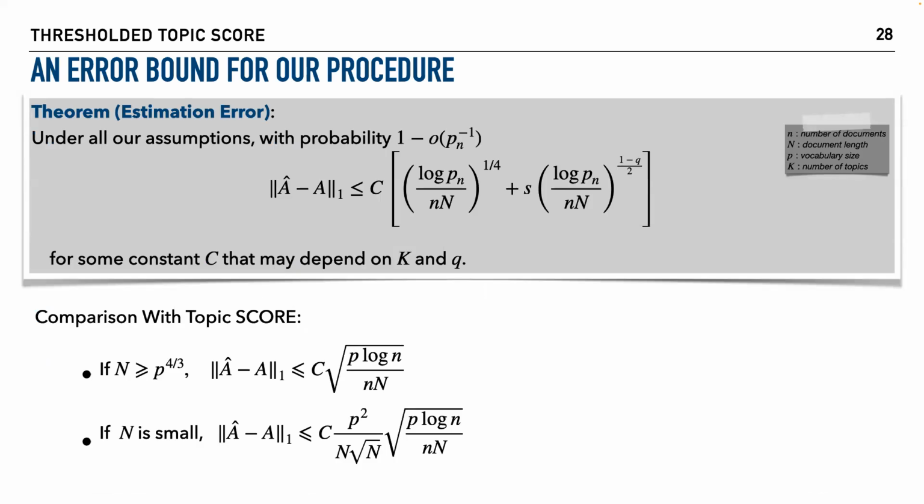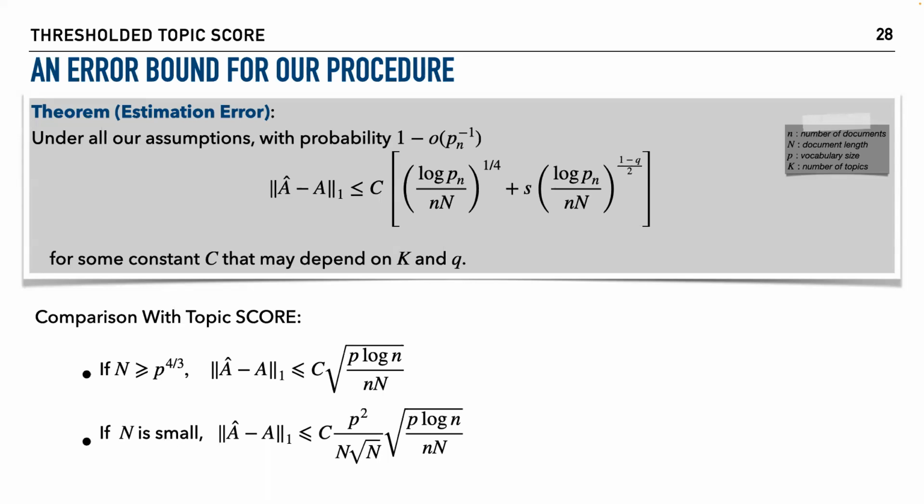Okay, so now let's try to put this together with the actual estimation error in the set J. We can show that with high probability, your estimation error is the sum of two things: the estimation error outside of the set J and the estimation error in the set J. And here, this estimation error looks like log(pn) divided by nN, to the power 1/4.